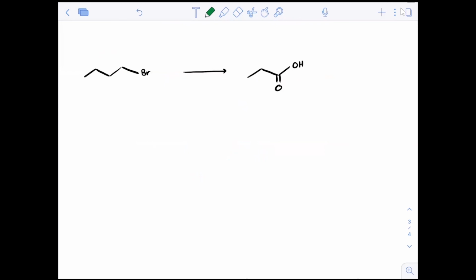All right, last one. Again, looking at our functional group changes, let's go ahead and count 1, 2, 3, 4. 1, 2, 3. Removing carbons. Thinking about the best way to remove a carbon was ozonolysis.